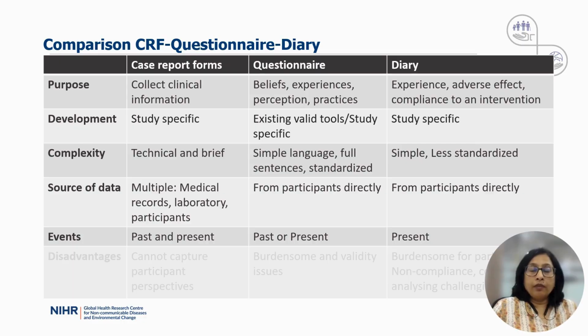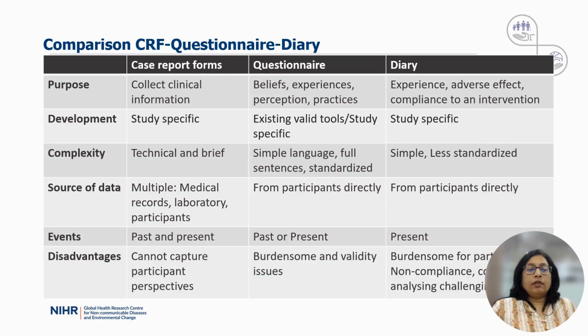However, we need to be mindful how valid the past experiences are, how well they can be recalled when compared to the present. Whereas if you are very much interested in capturing the present only, then diaries could be a very useful tool because they are more useful to capture current experiences by the day or by the hour.